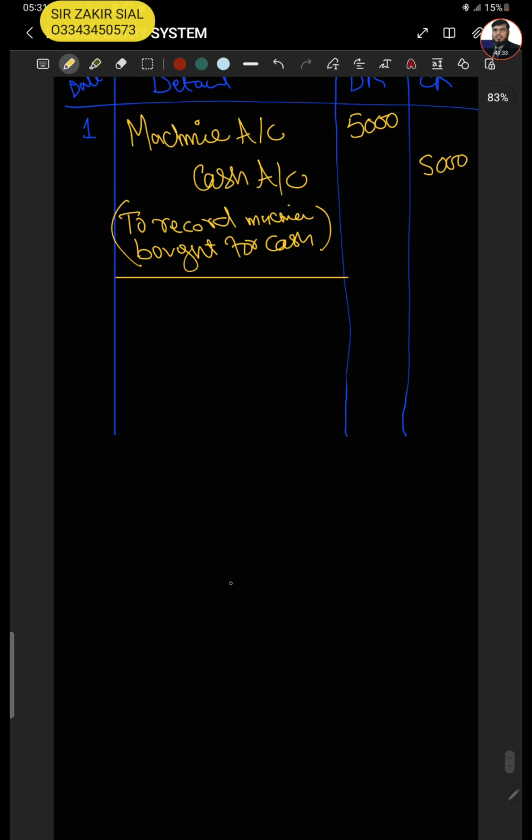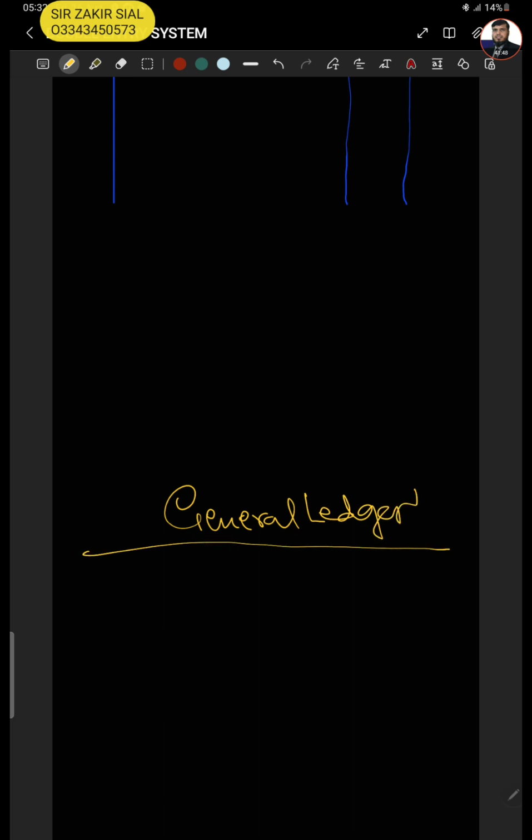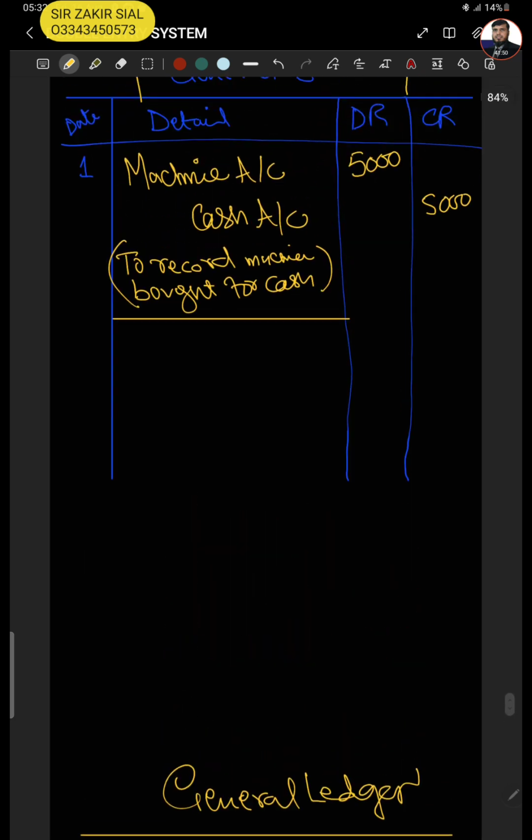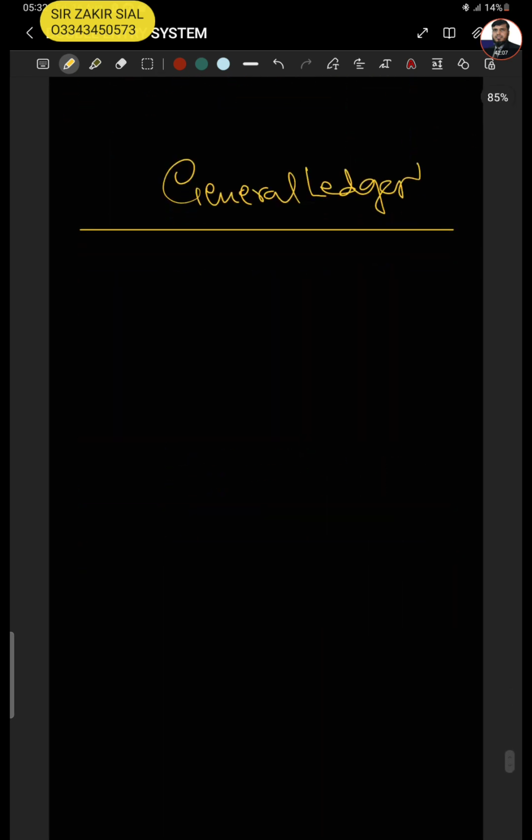The next book is called the general ledger. Same transaction, you can see 5,000 is written on the debit side and 5,000 is written on the credit side. Same transaction we have to show in the general ledger.